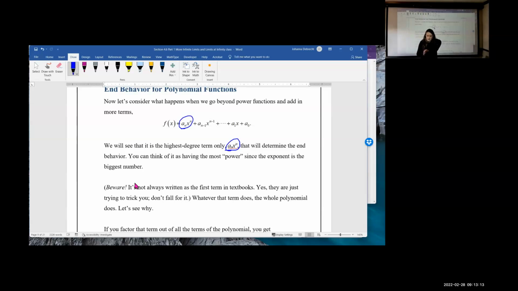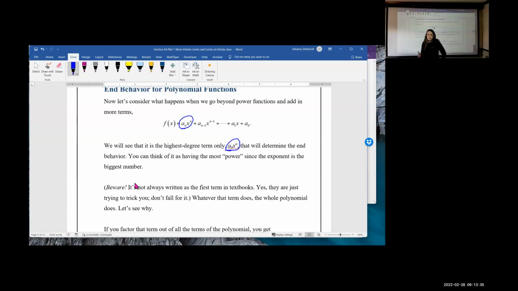This is because as you go to larger and larger x values and raise it to higher and higher powers inside the polynomial, the highest power is going to have a multiplicative effect on the value of the function, and so it's going to have the greatest effect.